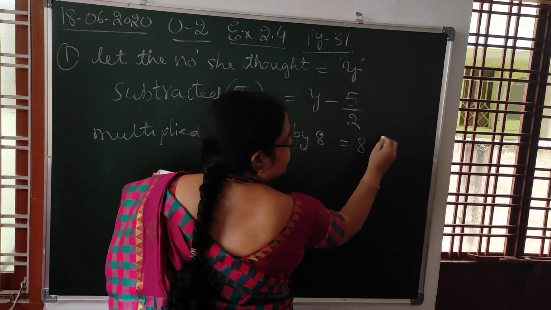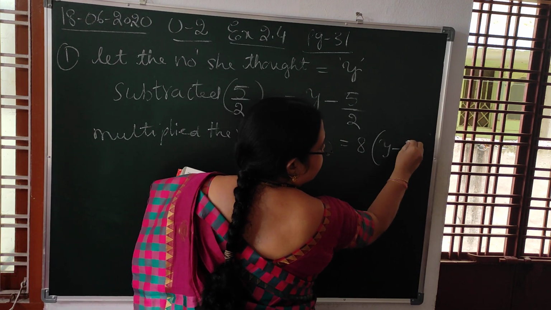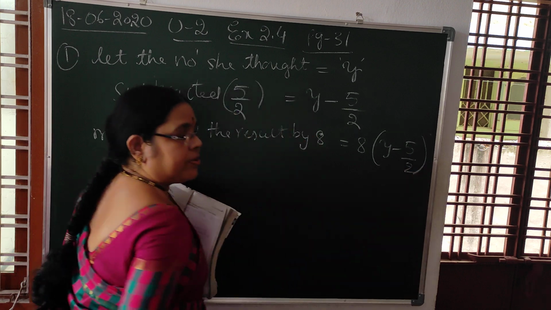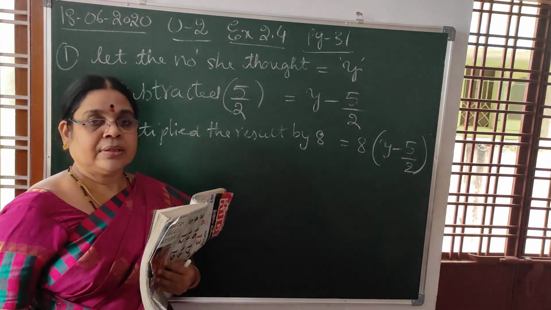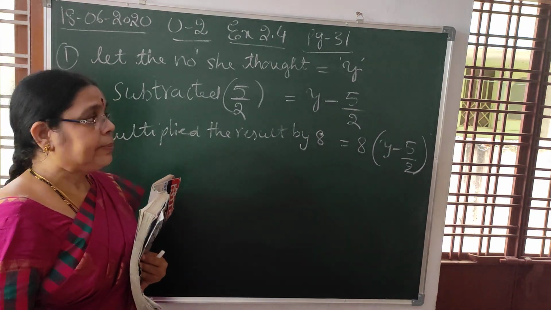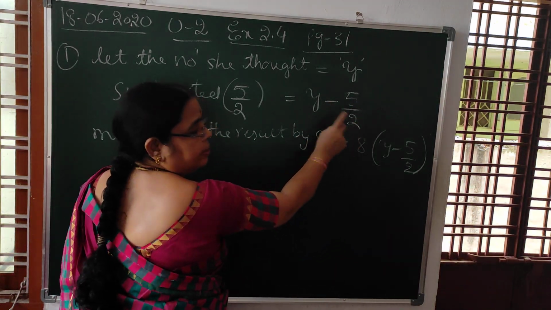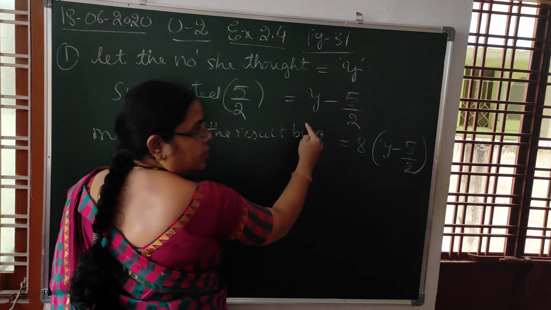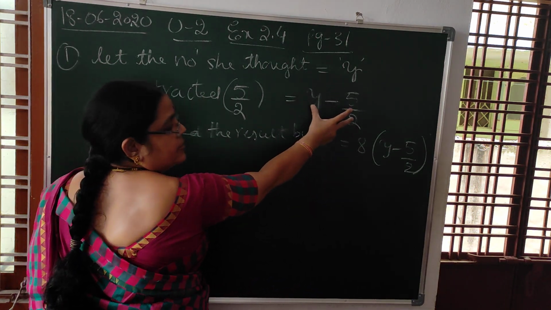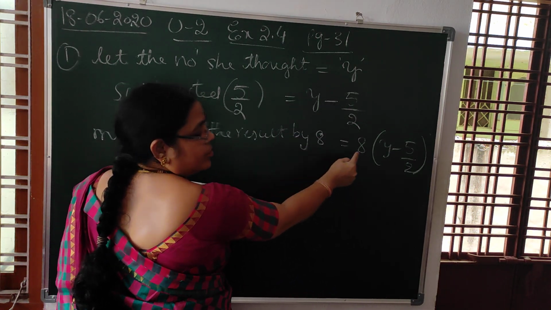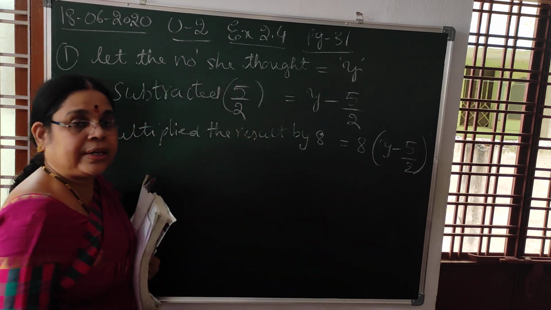So what will you get? 8 into y minus 5 by 2. First she thought a number, that is y. Then 5 by 2 is subtracted from that. So this becomes y minus 5 by 2. This result is multiplied by 8. So 8 into y minus 5 by 2.